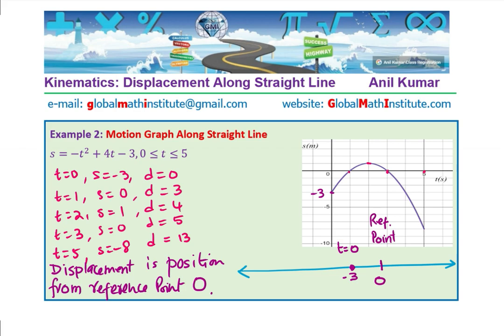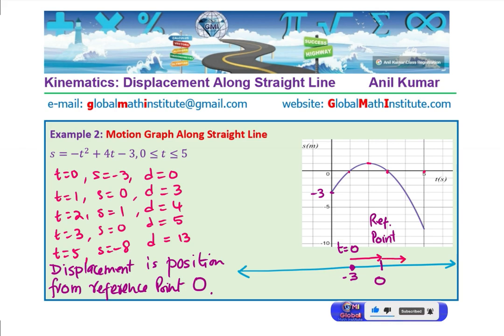So the object really starts from the left of the reference point. So the graph is the movement from here to, as we see from t equals to 0 to 1, it goes to 0. That means it goes from minus 3 to this. And then further one more unit, next second, and it reaches a displacement of 1.